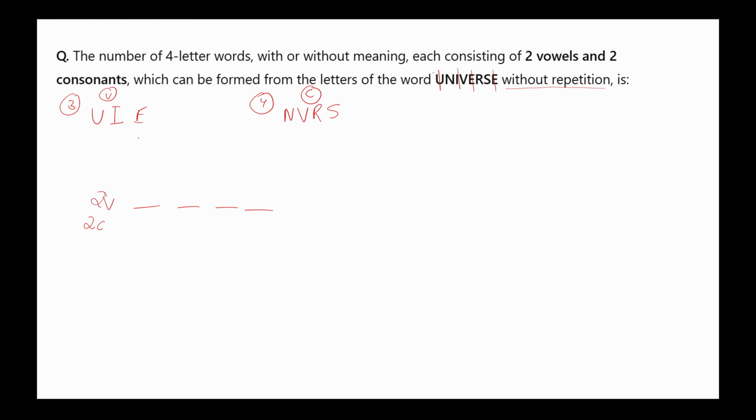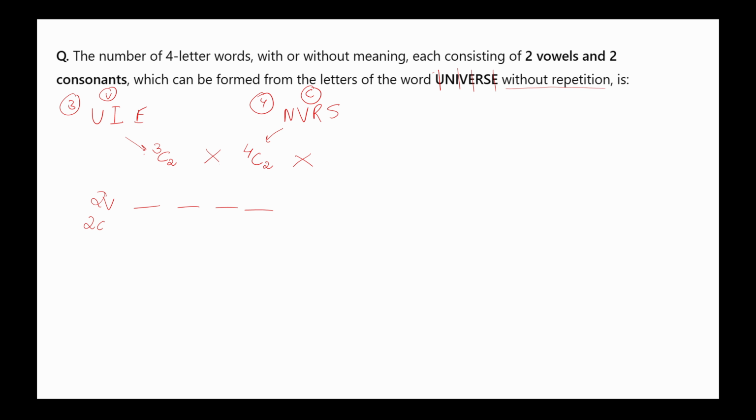So from my vowels, how can I choose 2 letters? It would become 3C2. Out of 3 I'm choosing any 2. From here I have 4 consonants, I have to choose 2, so it would become 4C2. Now since I have to choose 2 vowels and 2 consonants, this would be in multiplication format, and now I have gotten my 4 letters.